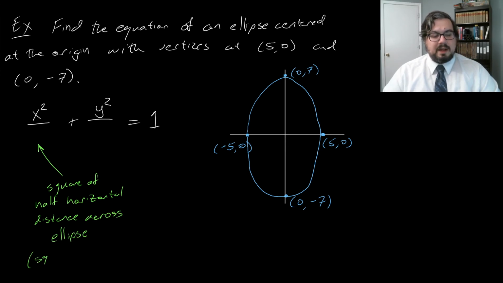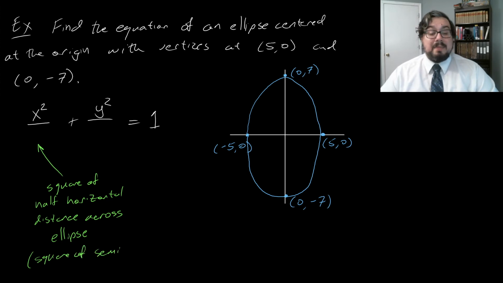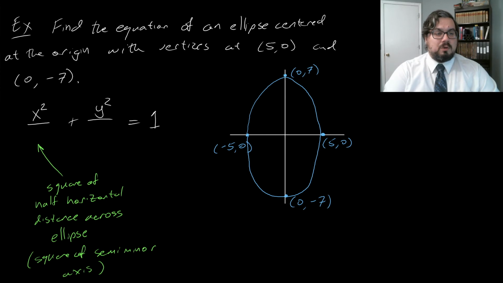That is the square of the semi-minor axis in this case, because the ellipse is shorter horizontally than it is vertically.